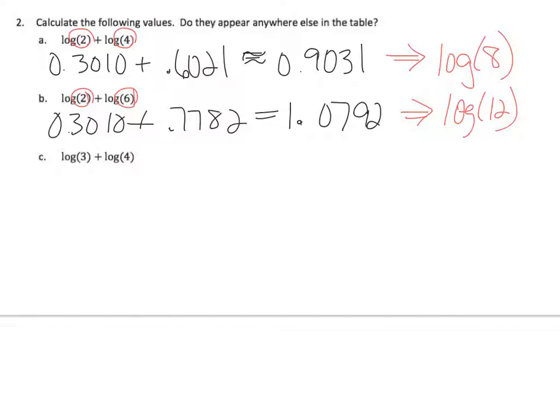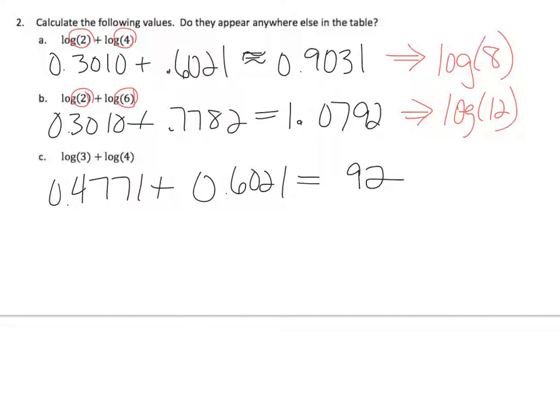Okay, log 3, looking at my chart, 0.4771 plus log 4, 0.6021, that gives me 1.0792, which looks a lot like log 12.